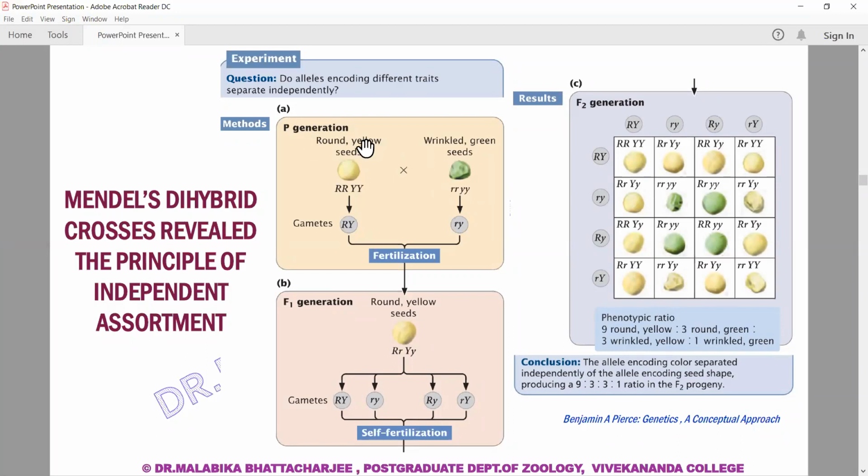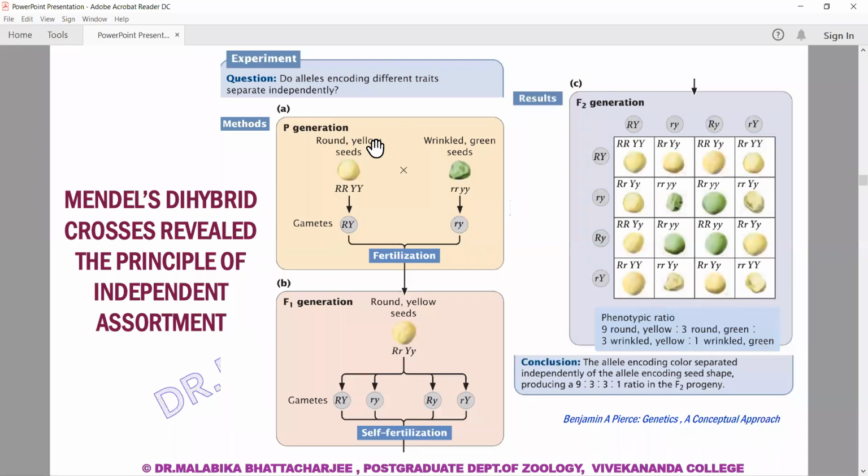Now, whether these two characters are dependent on each other, or whether they segregate independently of each other, that was Mendel's second law, as we all know it, termed independent assortment.